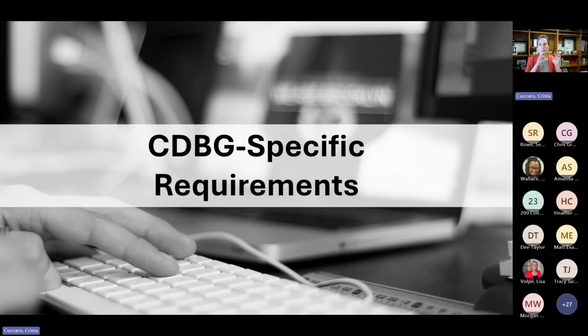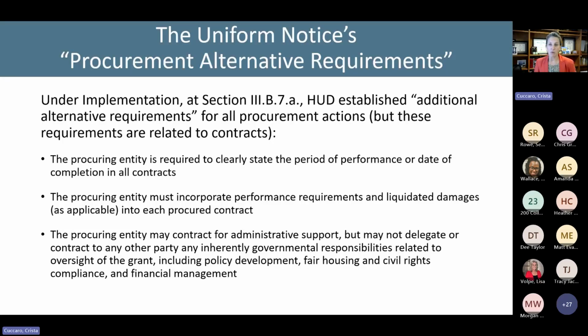We are now going to move along and get into CDBG specific requirements. This is URA, Section 3, and Section 104(d) that we're going to be talking about. Before we get there, I want to talk about some procurement alternative requirements that we find in the Uniform Notice. Remember back in the earlier session, we looked at the regulatory landscape and the Venn diagram of all the different sources of laws and regulation in regard to procurement.